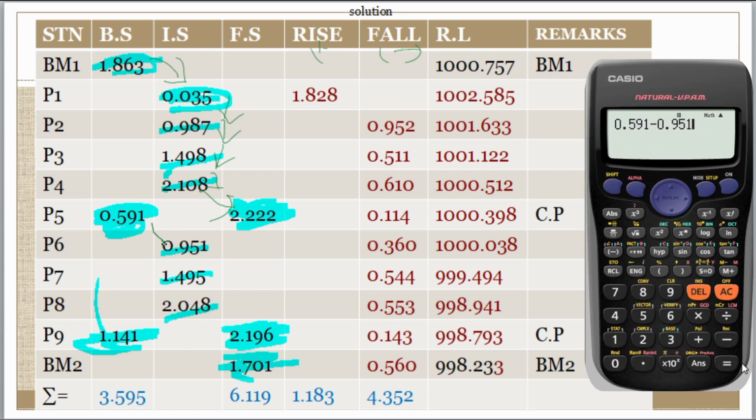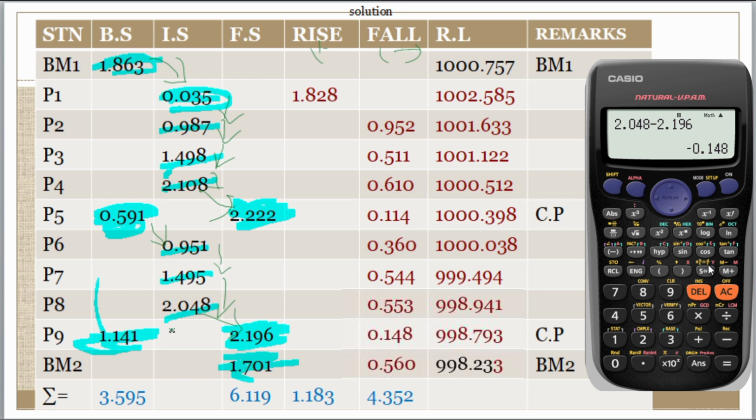We start on the instrument position 2. First reading minus second reading, minus third reading, minus fourth reading, then to the last reading. All of those values there we had a negative.